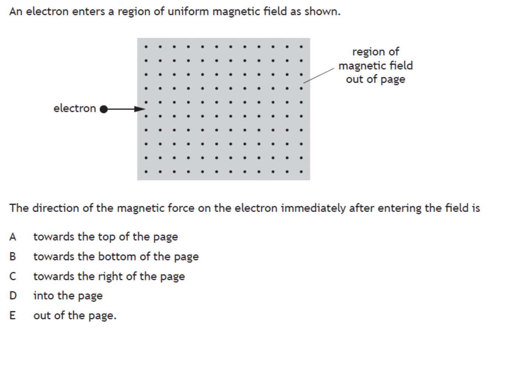We're told it's an electron and it's coming in from the left to the right, so our middle finger will point to the right, and the index finger, remember, is pointing out of the page, so that means the force acting on the electron pushes it up the way, or, according to the answer at the bottom, towards the top of the page. So that's an example of how you may be asked to use Fleming's right-hand rule.